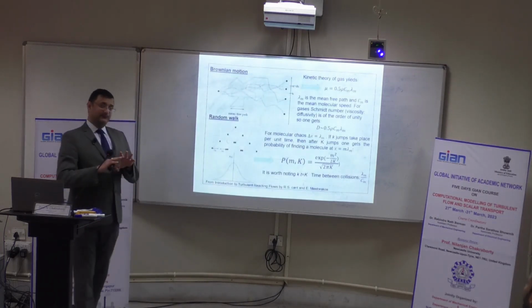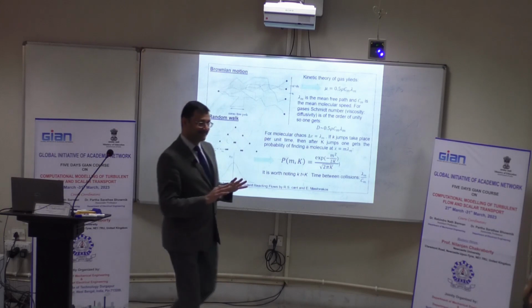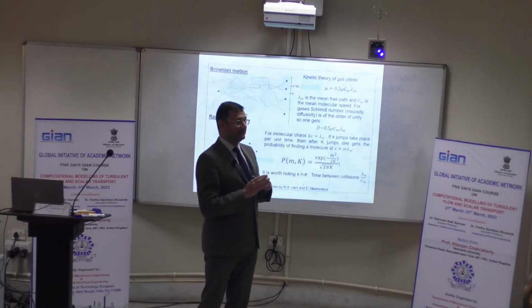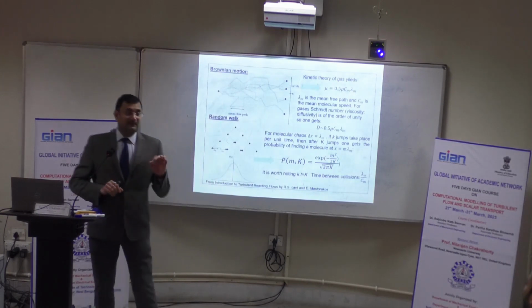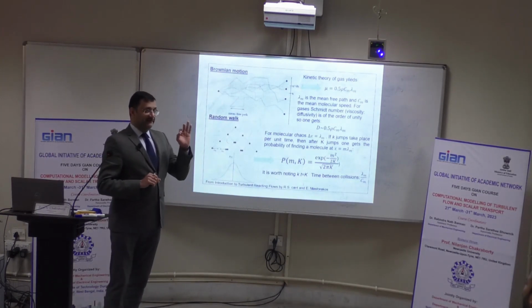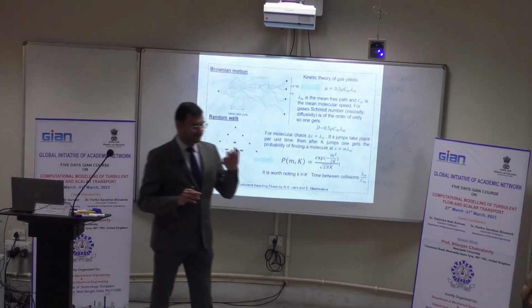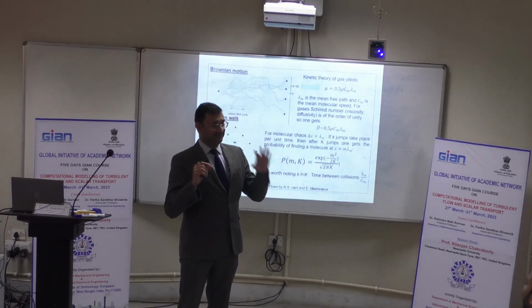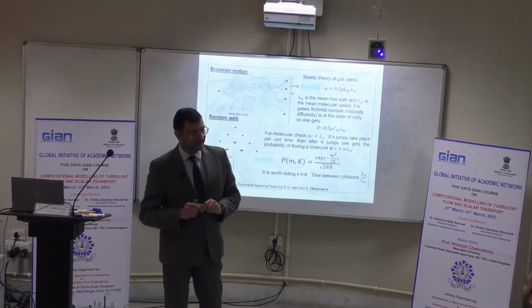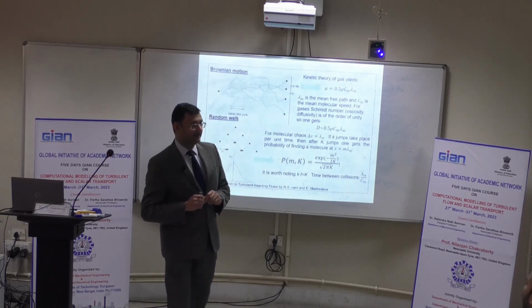I think we have given enough examples now to hammer home the concept that, firstly, the mixing layer thickness varies as square root of diffusivity times time. Okay?